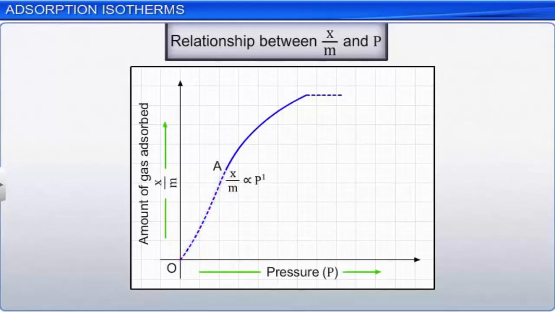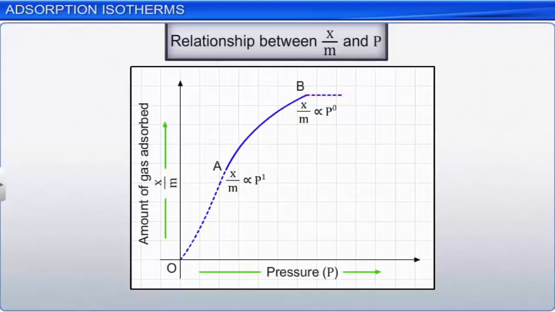Observe the curve beyond point B, that is, at a very high pressure. At a very high pressure, x/m is independent of the value of P. This is represented as x/m is proportional to P^0.